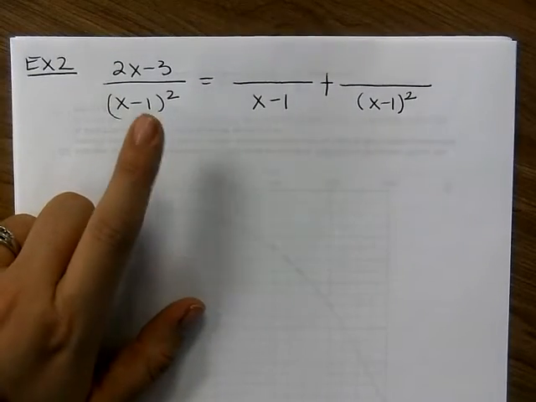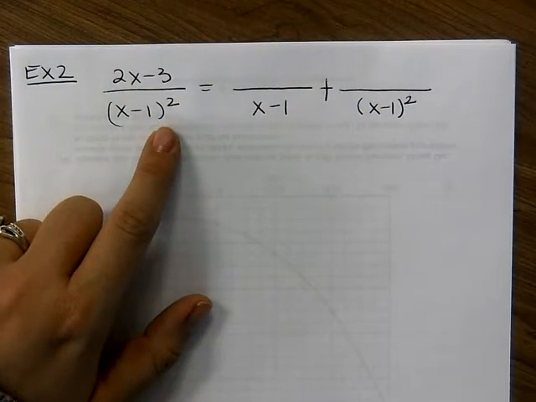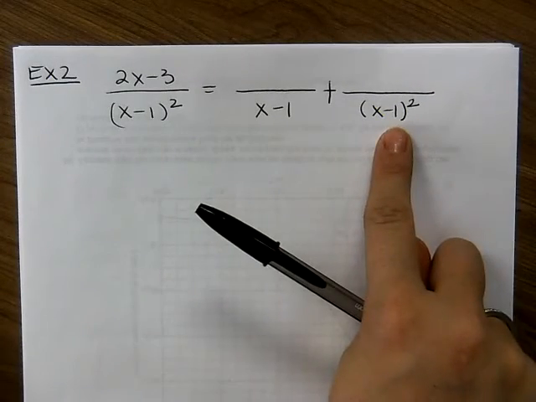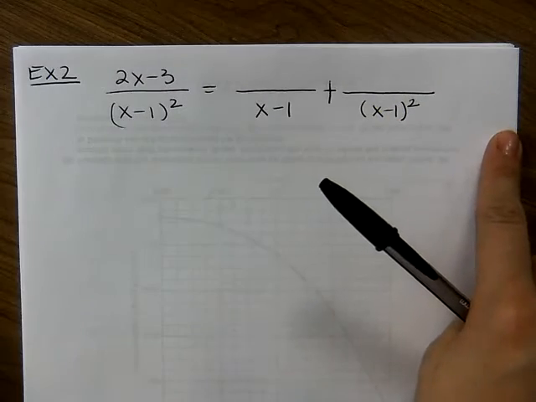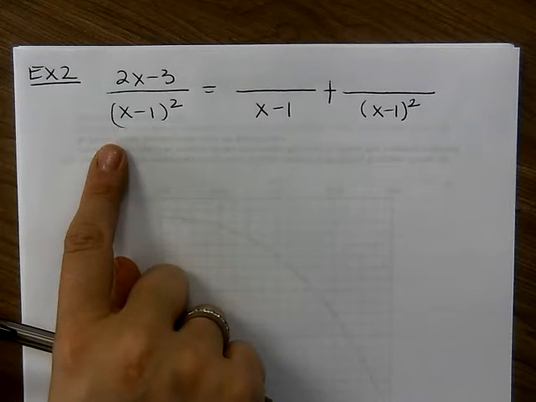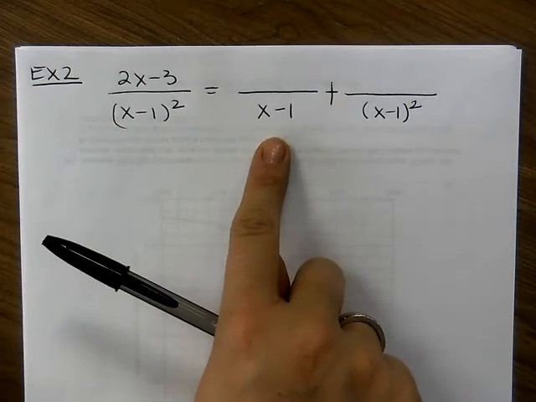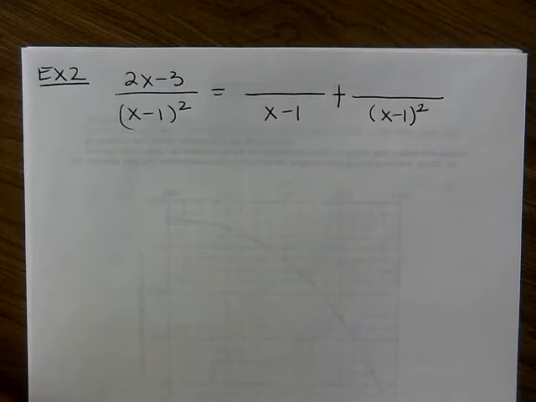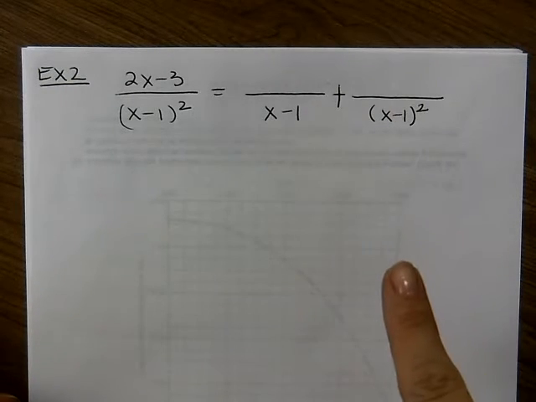If this were an x minus 1 cubed, then you would have to have x minus 1, x minus 1 squared, and x minus 1 cubed. If this were an x minus 1 to the 4th, you would have to have x minus 1 to the 1st, to the 2nd, to the 3rd, to the 4th. So you have to have the maximum pieces, okay?